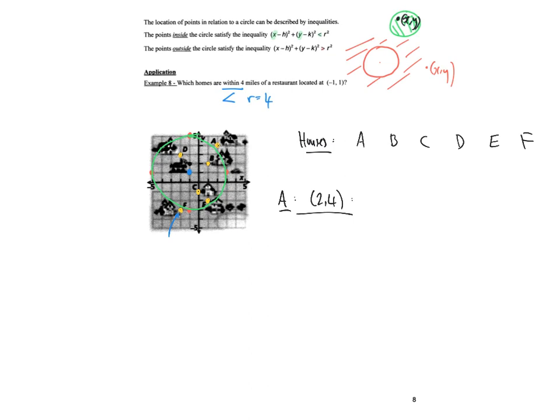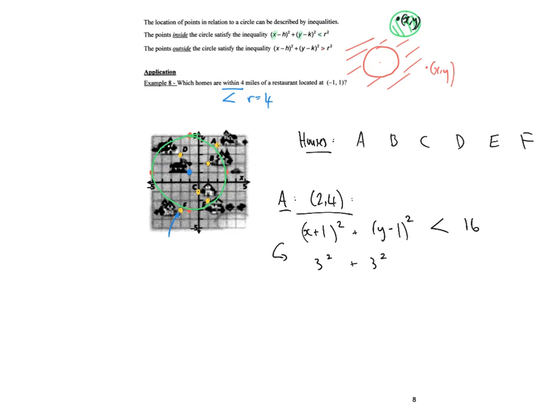Well, which inequality? We're trying to look at x plus 1 all squared plus y minus 1 all squared, right, because our centre is -1, 1. We want that distance to be less than the radius squared, which is 16. So when we substitute 2, 4 in, I get 3 squared plus 3 squared.